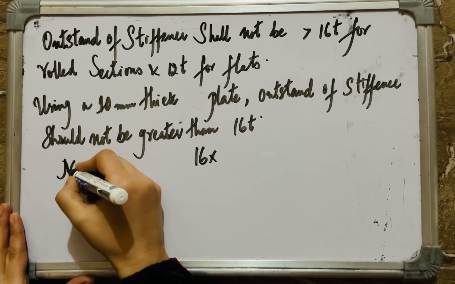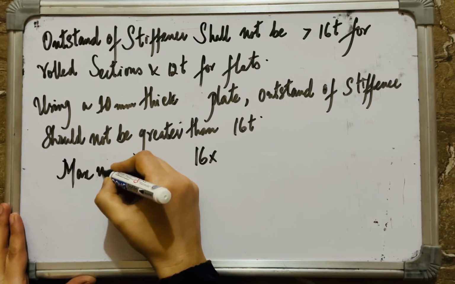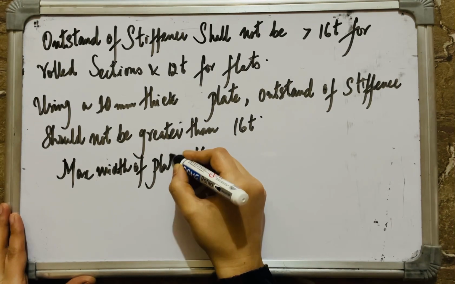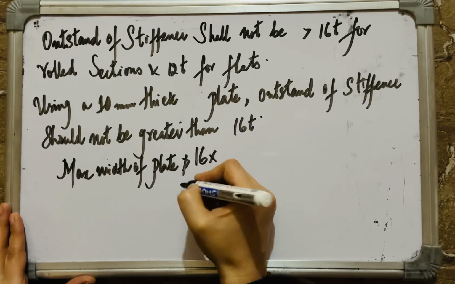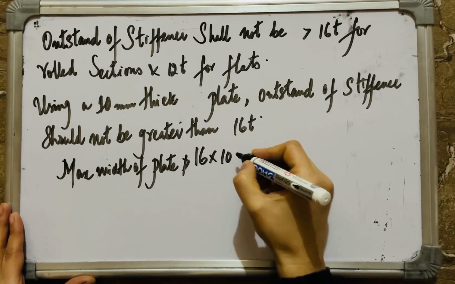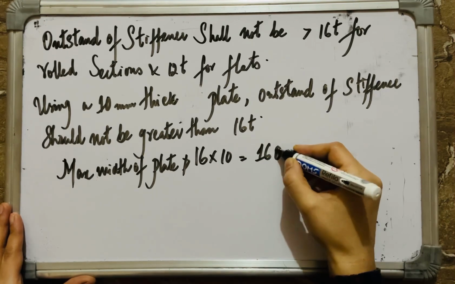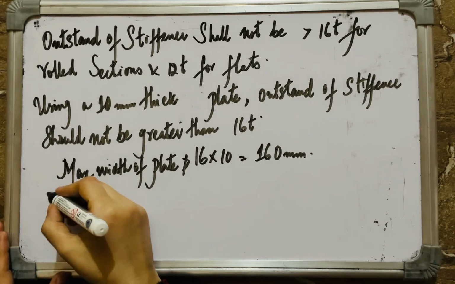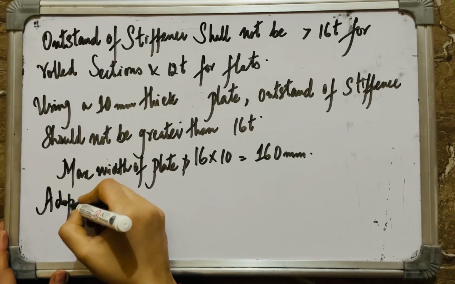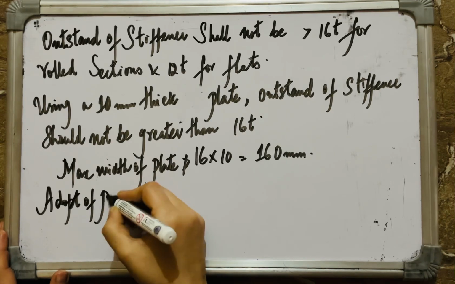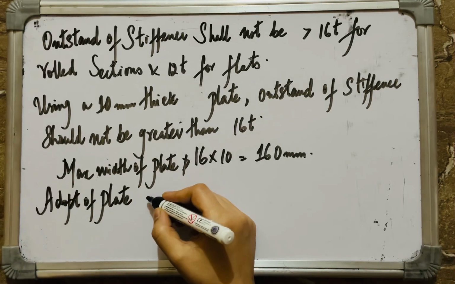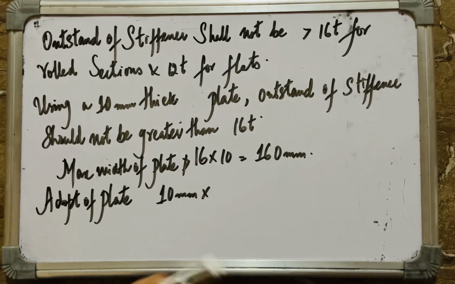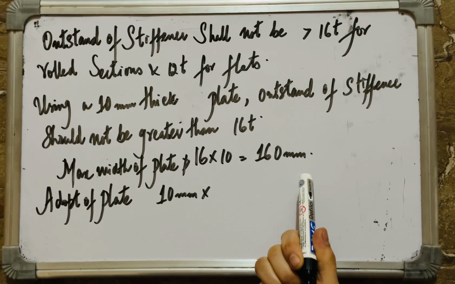So maximum width of plate should not be greater than 16t, which is 160 mm. Now we have to adopt a plate thickness. We have already chosen 10 mm, and the maximum width of the plate should not be greater than 160 mm.